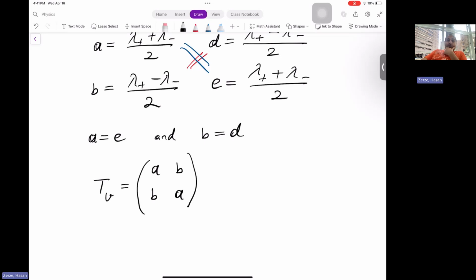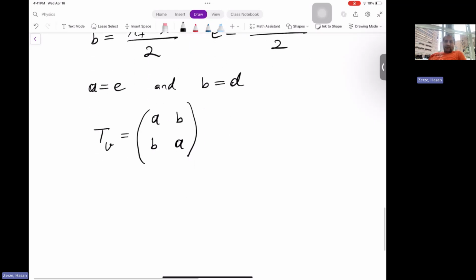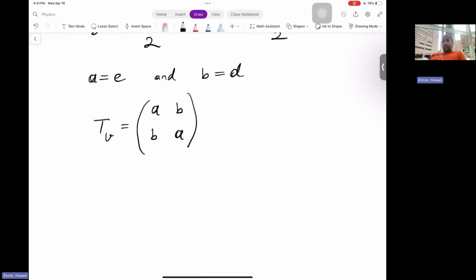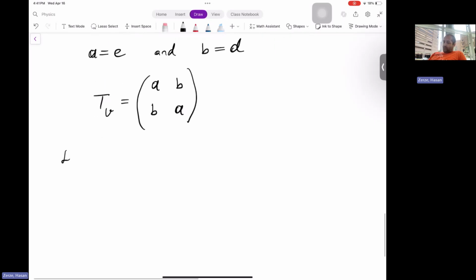Now we need to get more clues about this system. So how does this TV behave? Okay, the second clue we're going to get is by introducing the so-called parity operator.